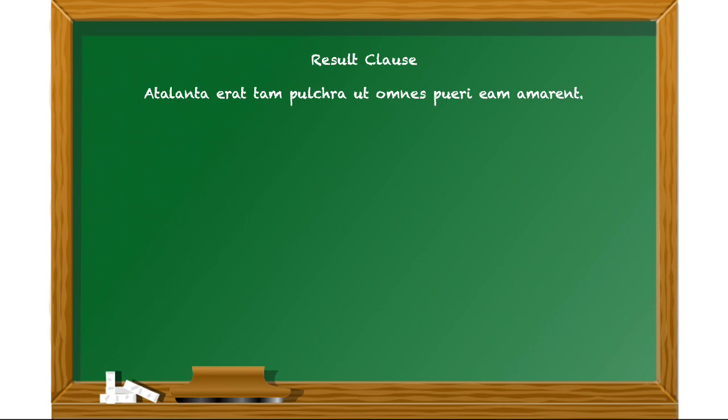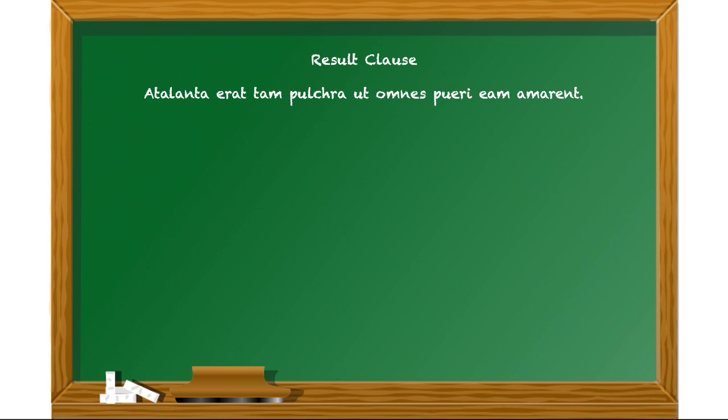But we have Atalanta erat tam pulchra, ut omnes pueri eam amarent. So once you have that copied, go ahead and underline the signal word, put brackets around the result clause, and underline the subjunctive verb.